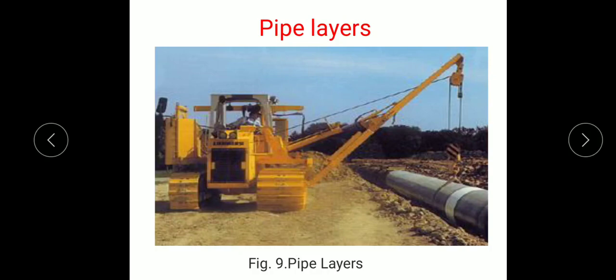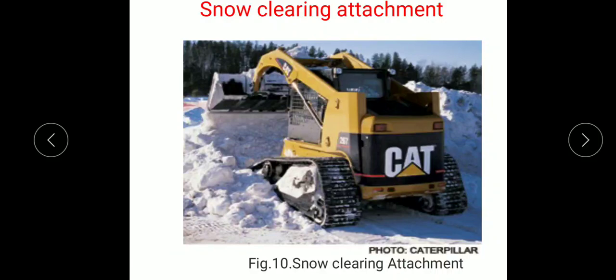For laying a pipe in an excavated trench, a pipe layer type of machine is used. The next type of attachment available is the snow clearing attachment. As the name indicates, such attachments are provided for clearing snow. Figure 10 shows an attachment used for clearing snow.